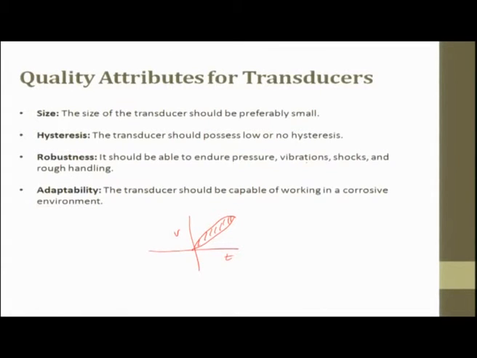Robustness should be there as one quality, and adaptability. The transducer should be capable of working in a corrosive or harsh environment. These are some of the attributes which a transducer should have.